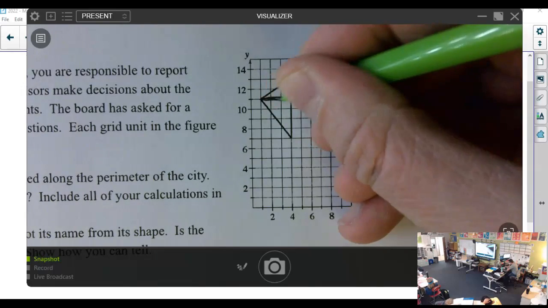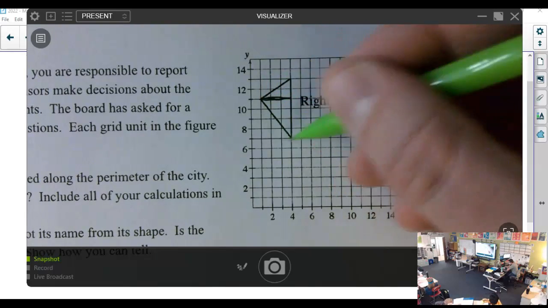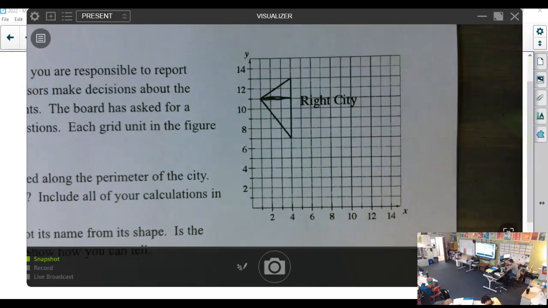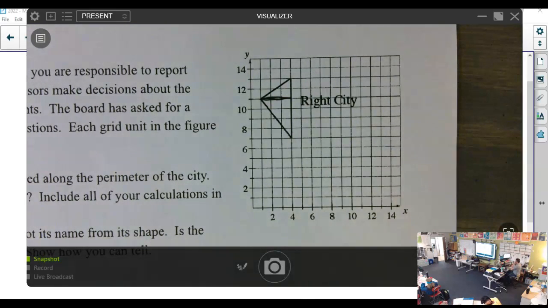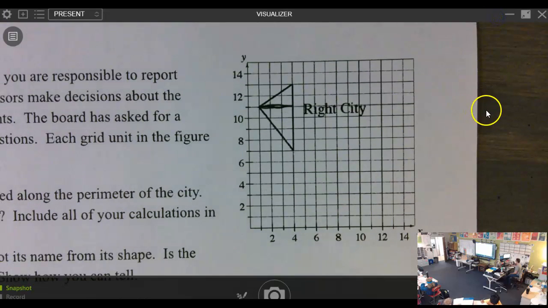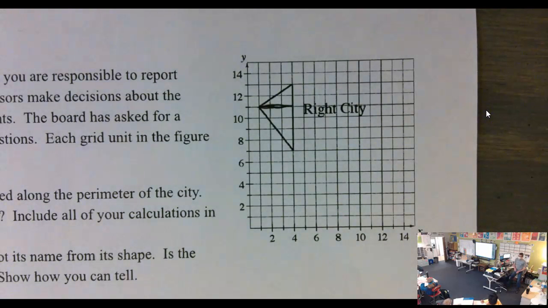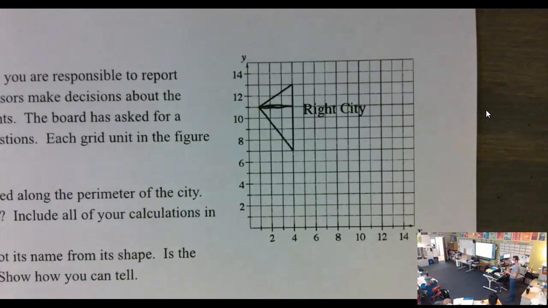Hey, look, I turned my one triangle into two different right triangles. Ooh, and someone famous showed up. No, someone famous showed up in Wright City. The most famous right triangle.